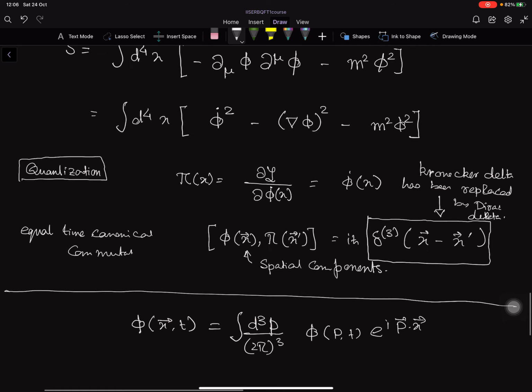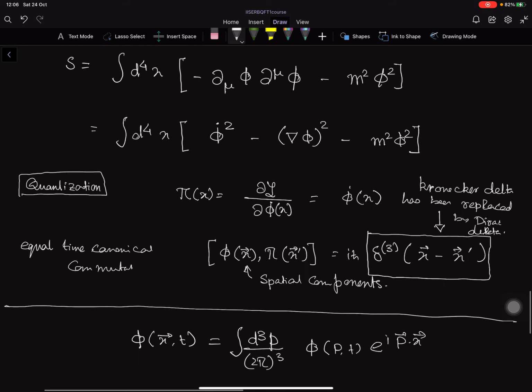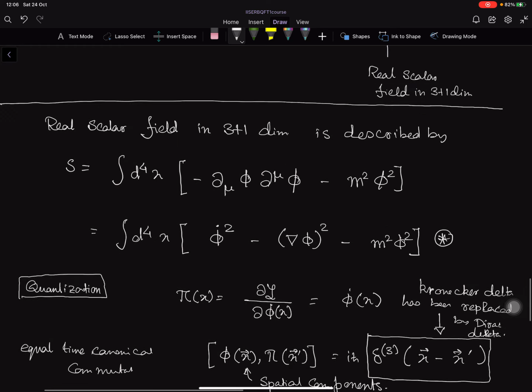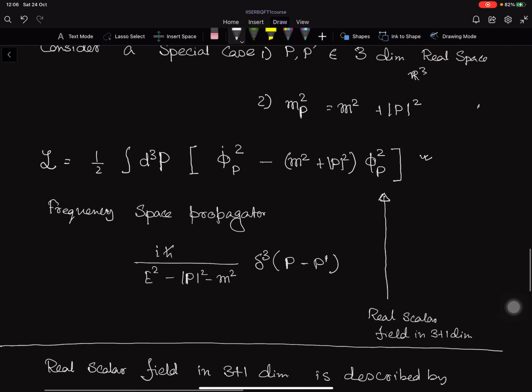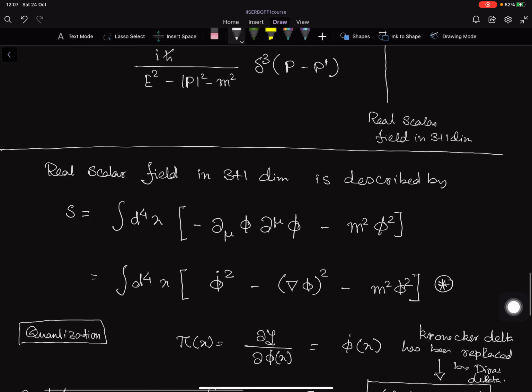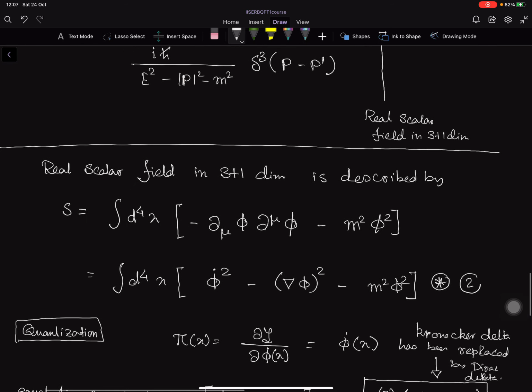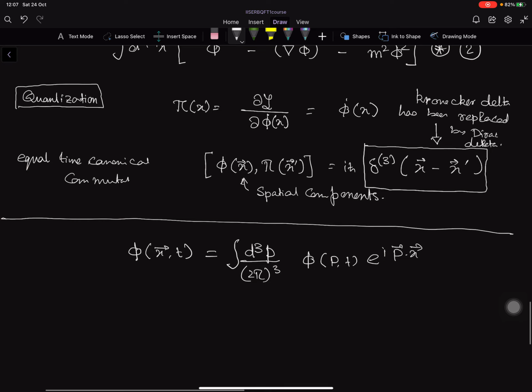And if we substitute it back in this equation, let's number the equations. Let's say this is my equation 1, this is my equation 2, and this is my equation 3.